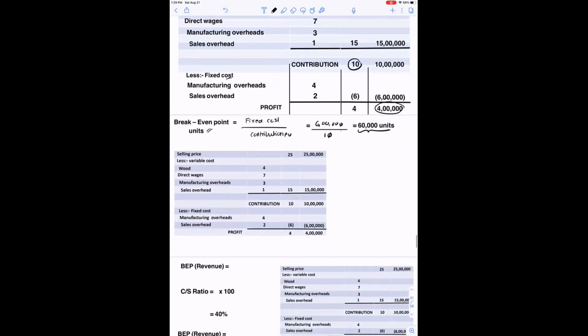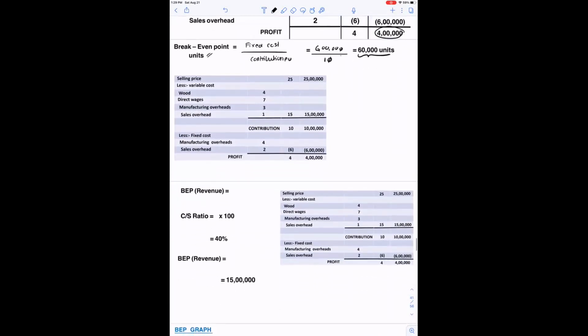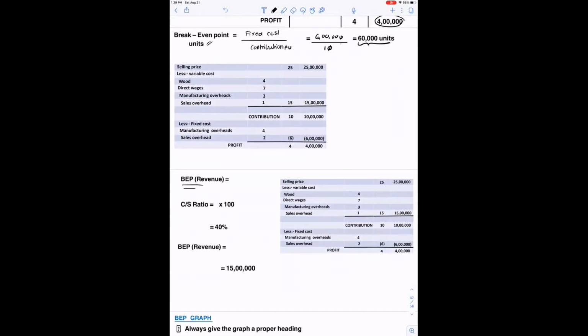What is my break-even point in revenue? If I want to calculate break-even point in revenue, I will say fixed cost upon contribution to sales ratio. What is contribution to sales ratio? What is my contribution? 10. I can take the selling price as 25. 10 upon 25 into 100.